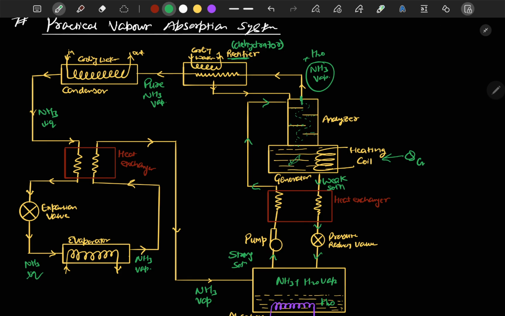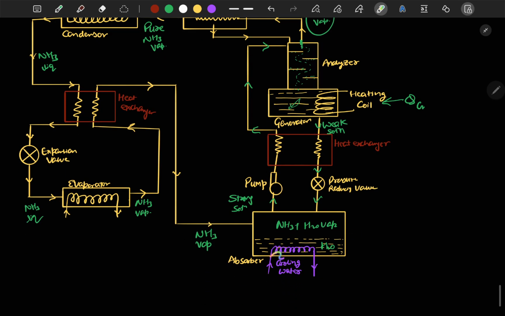Now you might be thinking why this heat exchanger is installed here. This weak solution which we extract from the generator is at very high temperature. But in our absorber we are using cooling water to reduce the temperature of the fluid so that it can absorb more ammonia. In the generator we are supplying heat, so the fluid sent through the pump needs more heat.